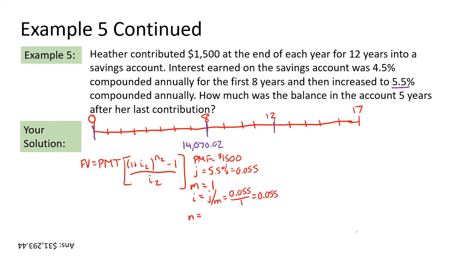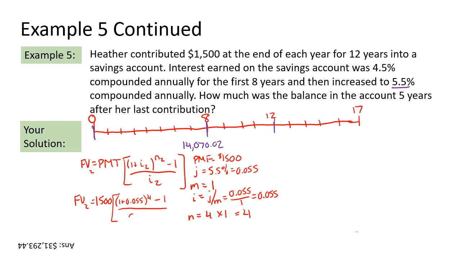Lastly, our number of payment periods: we're going 4 years, and our payments are annual, so 4 times 1 is just 4. So our future value for our second annuity is 1,500 times 1 plus 0.055 to the exponent 4, minus 1, divided by 0.055. I'm just substituting the values in.